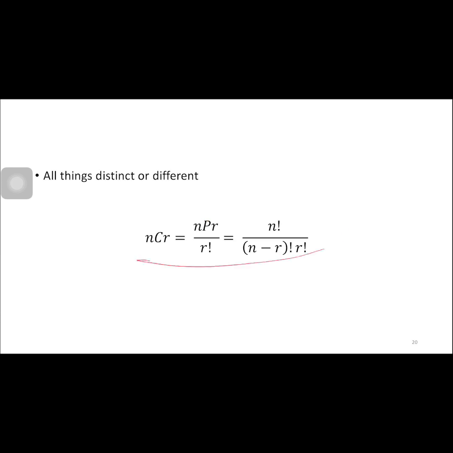This is the formula that we'll be using: NCR is equal to NPR over R factorial, or N factorial over N minus R factorial times R factorial. Or again, as I have mentioned earlier, we can use the combination function in our calculator, that is shift divide.